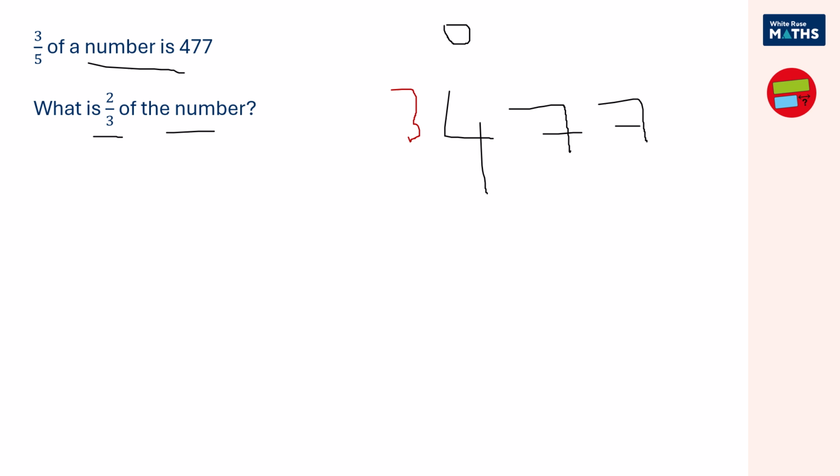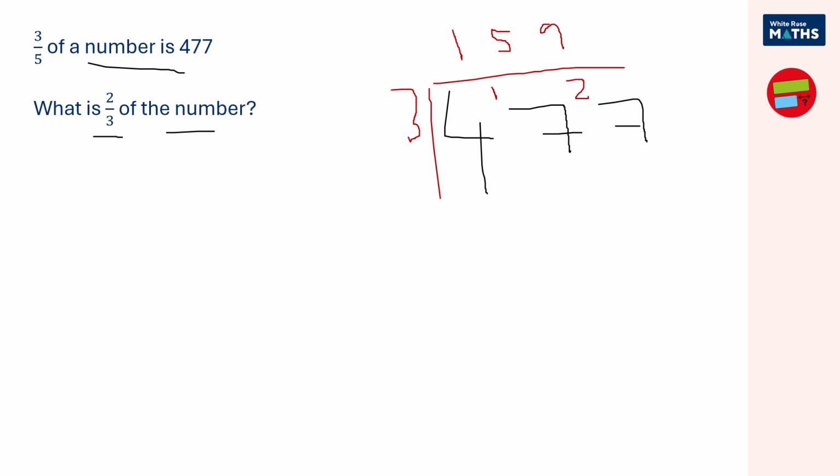Let's just start again. So 3s into 4 goes once, with a remainder of 1. 3s into 17 go 5 times, remainder of 2. 3s into 27 go 9 times.